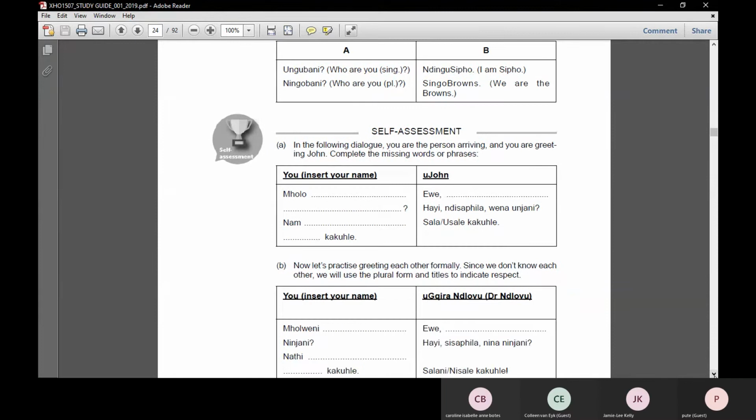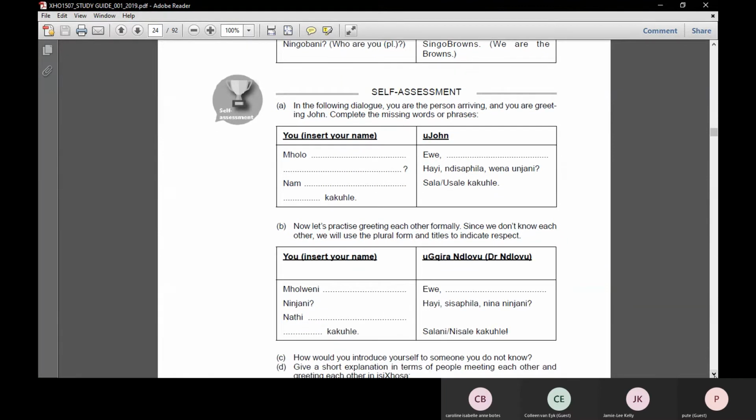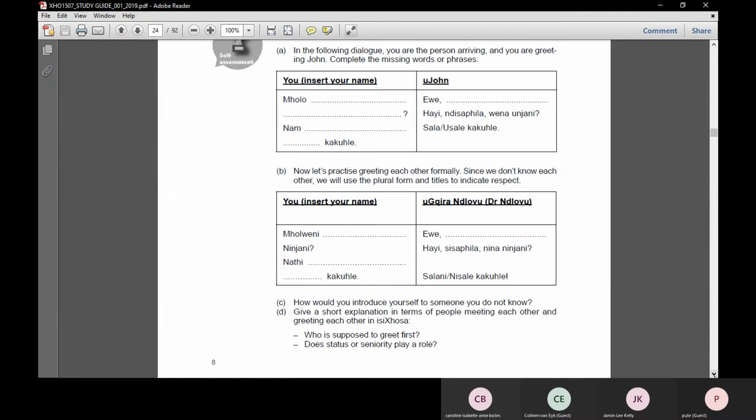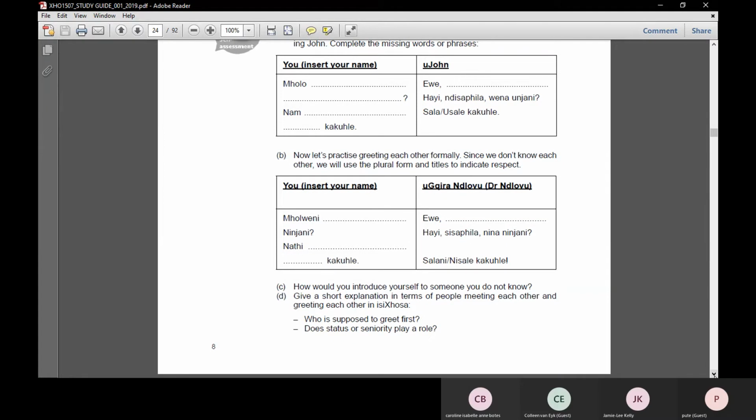Okay, here's a self-assessment activity. So you are greeting John. Molo John, how would John respond to you? Didn't you say Ewe Molo Colleen? Molo Colleen is correct, and you would say unjani.